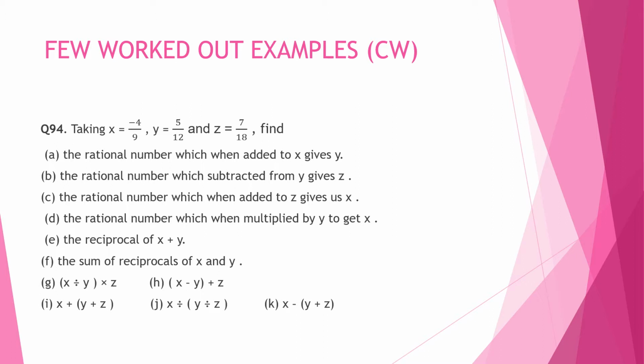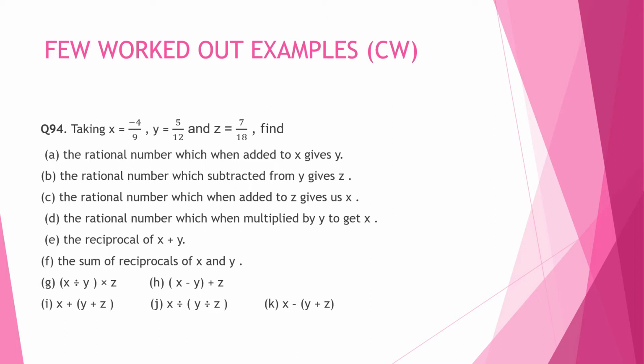Part D, find the rational number which when multiplied by y gives x. Part E, find the reciprocal of x plus y. Part F, find the sum of the reciprocals of x and y. Part G, x divided by y and then multiplied by z.